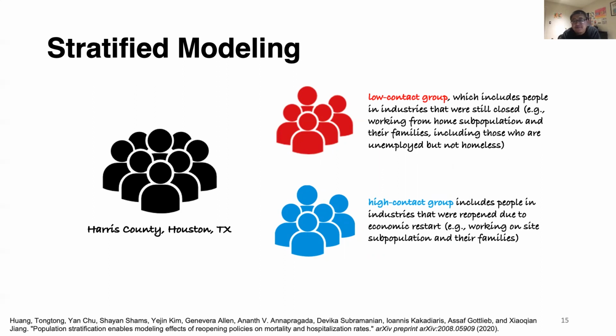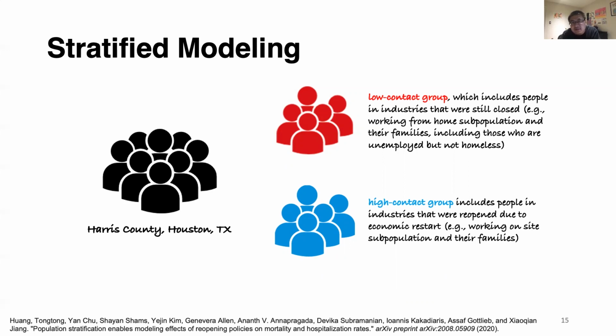So therefore, they propose to divide the total population in Harris County into two groups. A low contact group, which includes people in industries that were still closed, and a high contact group, which includes the people in industries that were reopened due to the economic restart.